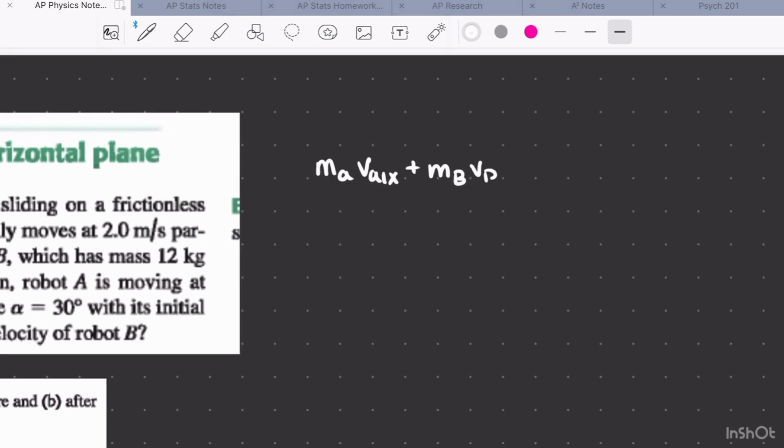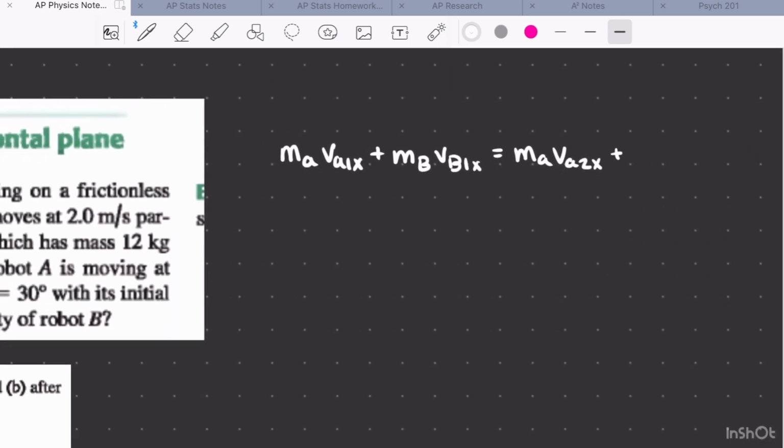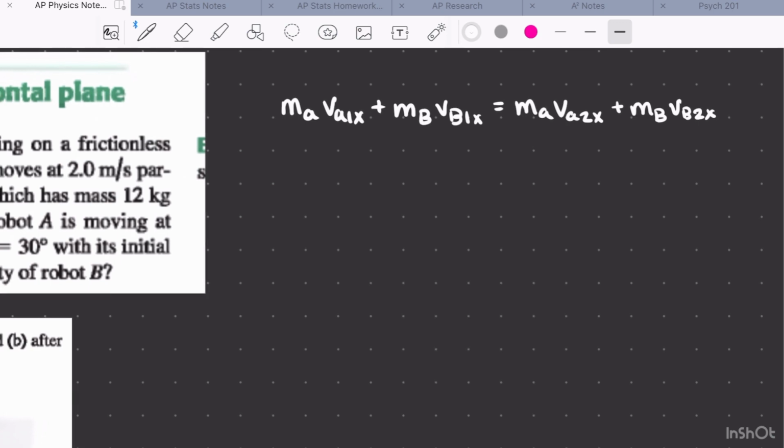So you have to do the equation ma times vax plus mb times vbx is equal to ma times the velocity of robot A plus mb times the velocity of robot B, but the final velocity.